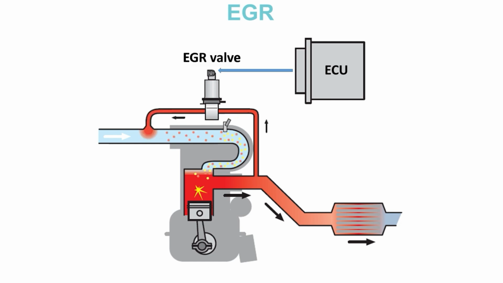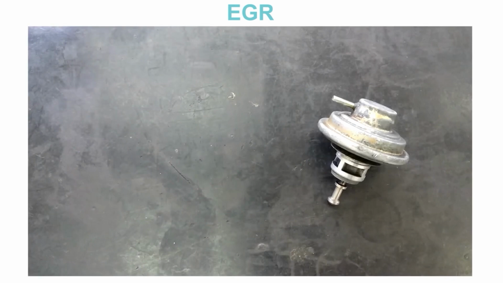EGR opens only under conditions of increased concentrations of nitrogen oxides. However, the exhaust gas introduction into the intake manifold cannot always be done at all states because it would disturb the engine operation. In the following cases, the EGR valve does not open.